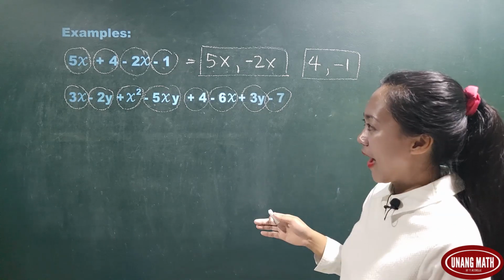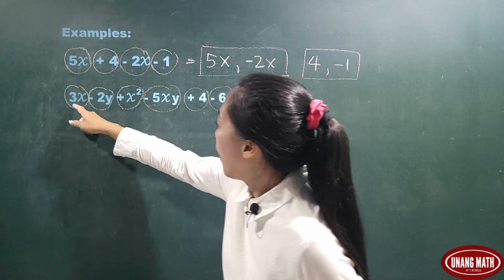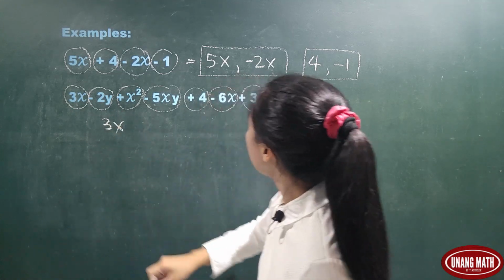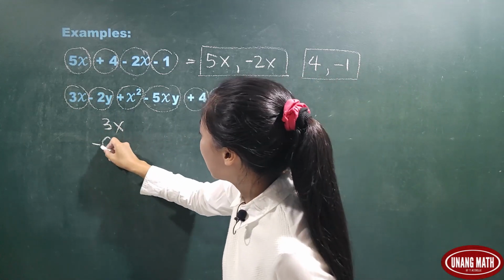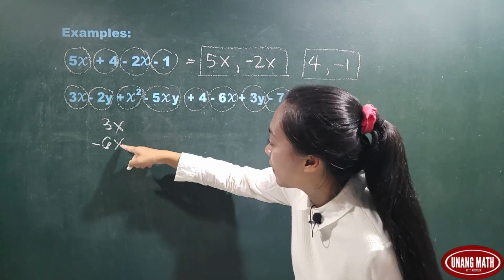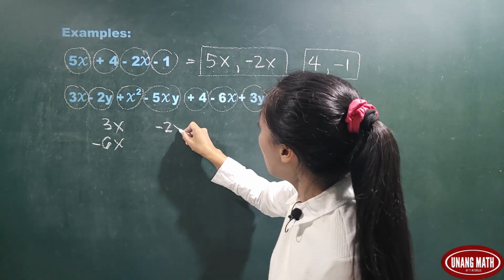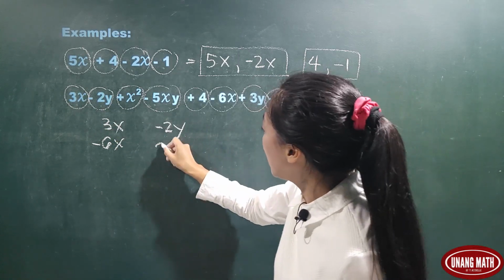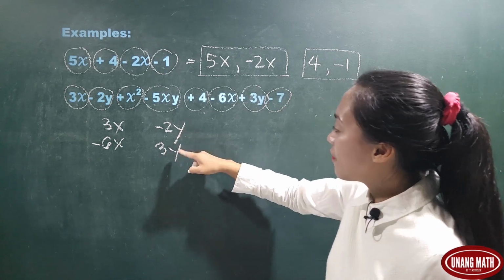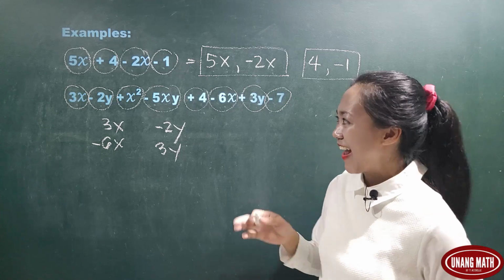Let's identify those like terms in this expression. We have 3x and negative 6x. So these two terms are considered like terms, same variable and degree. We also have negative 2y and 3y. Same variable and same degree. These terms are considered like terms.